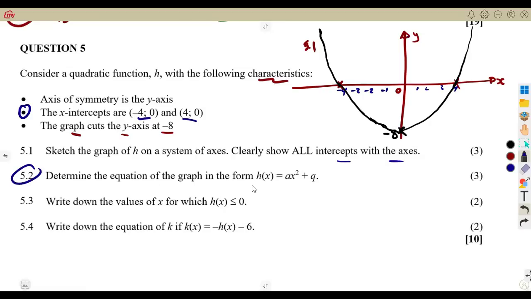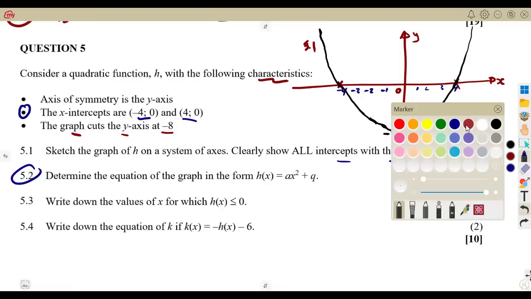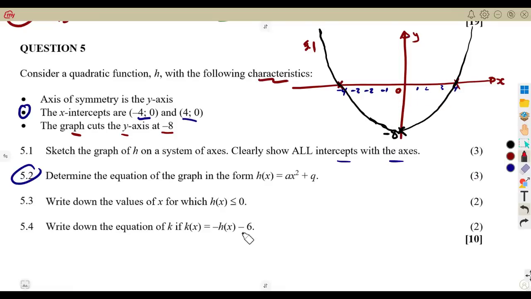5.2, determine the equation now. Now they want you to have the equation. When you are given this condition where the y-axis is the axis of symmetry, it is an easier equation for you to determine. That is h(x) = ax² + q. q represents the condition where x is equal to 0, the value that we have in y.